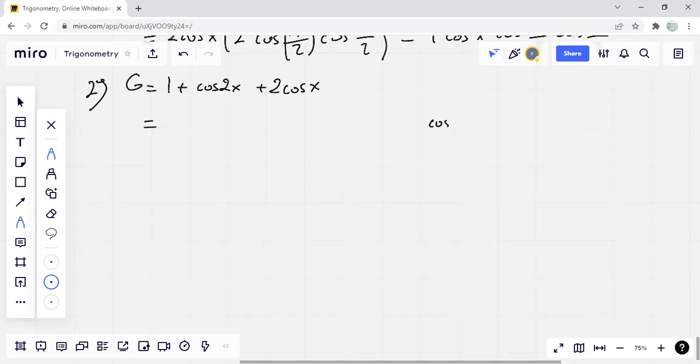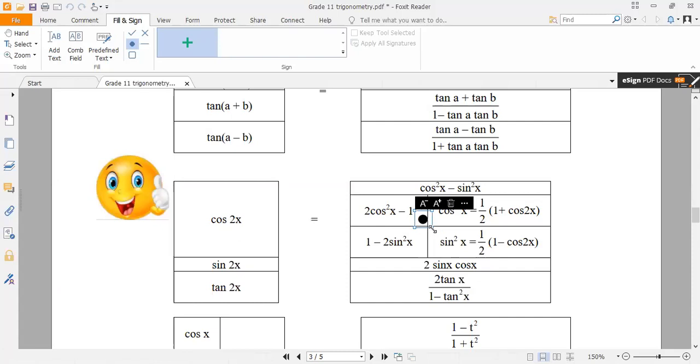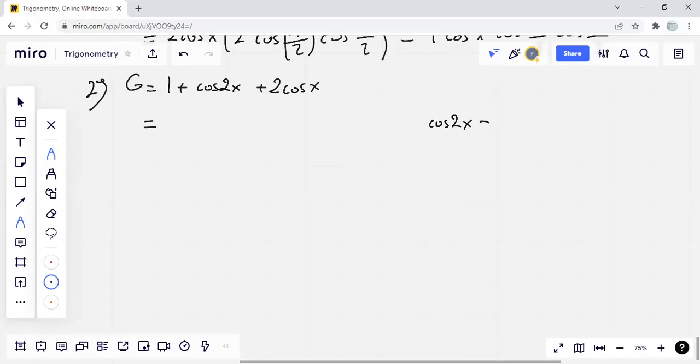So cosine of 2x is equal to, where I put the dot, 2 cosine squared x minus 1. So 1 plus, instead of cosine 2x, I will put 2 cosine squared x minus 1, plus 2 cosine x.